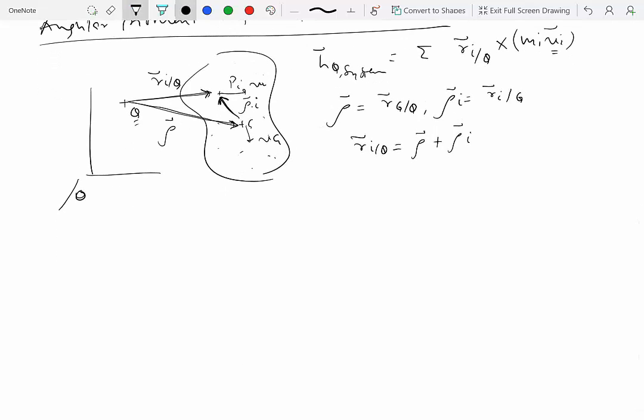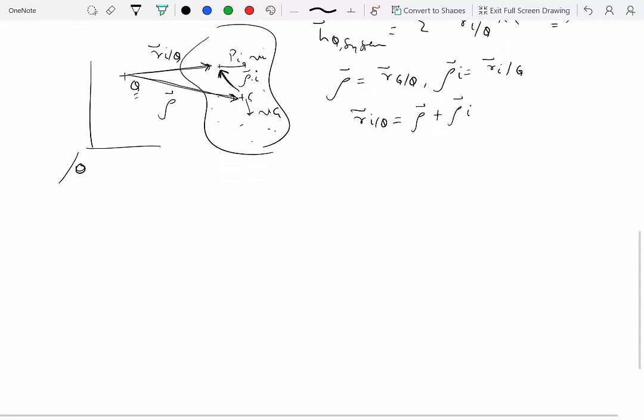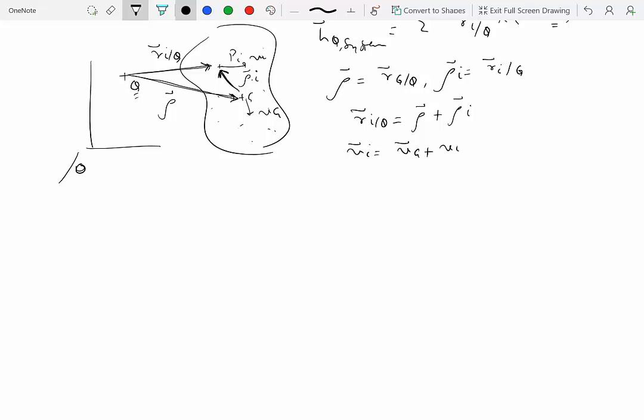Now v_i itself, which is the velocity of the particle i, can be written as the velocity of the center of mass plus the velocity of particle i with respect to G, right? And that is v_G plus rho_i dot. So that's nothing but the derivative of the position vector of i with respect to G, okay?